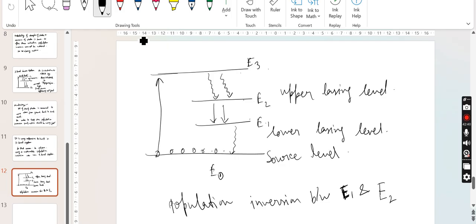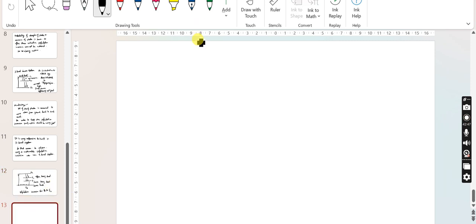So lasing action can be sustainable in that way.